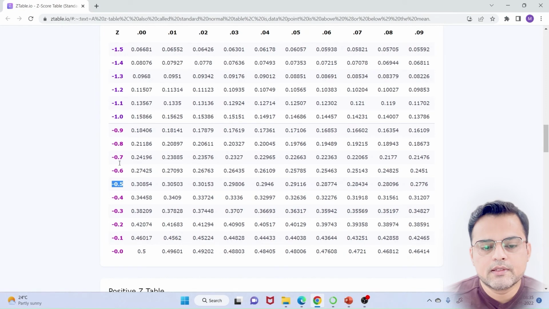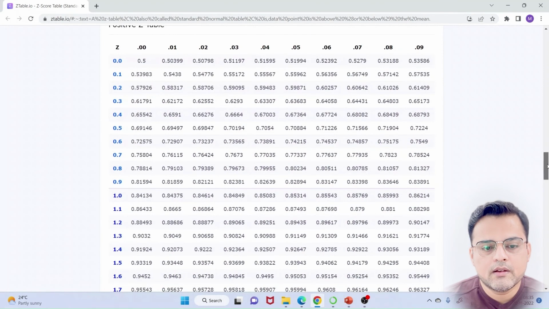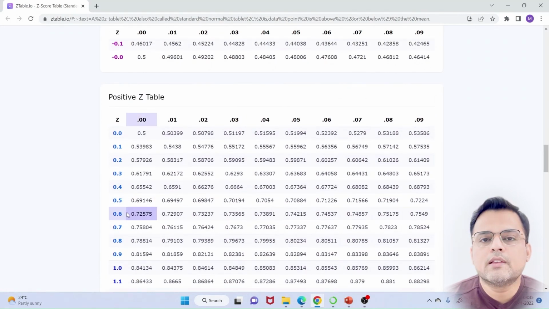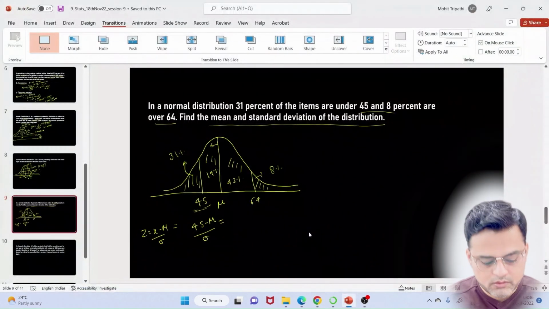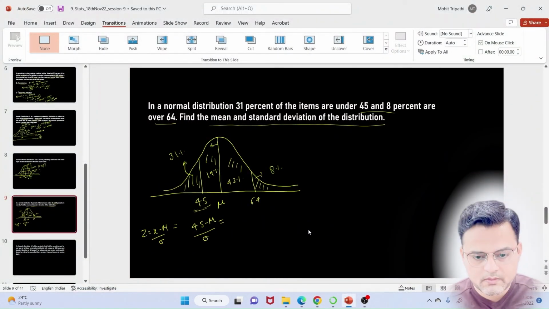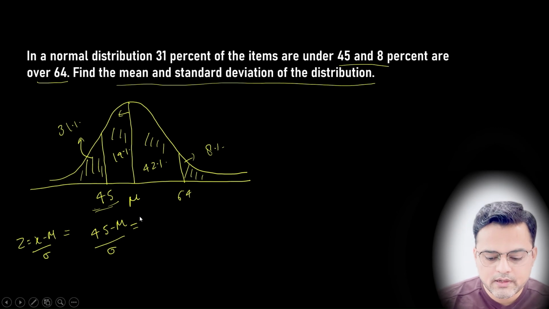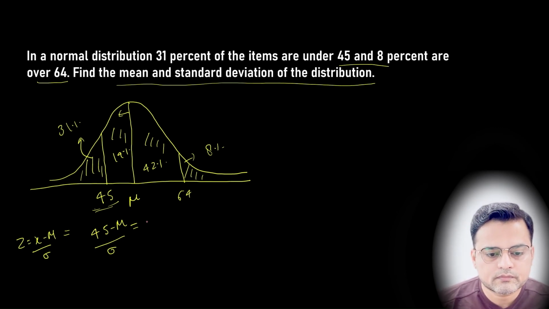So minus is the left side and the positive z table is on the right side of the mean. So here the z value is minus 0.3084. So there the z value will be minus 0.5.